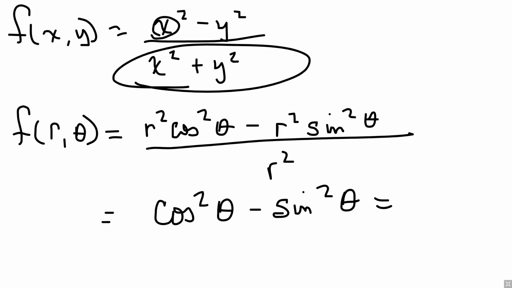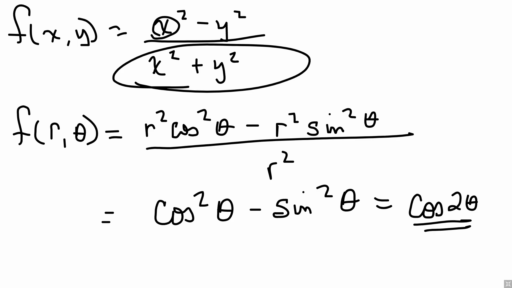So what is cosine squared theta minus sine squared theta? Yeah, it's cosine 2 theta. So this is what this simplifies down to.